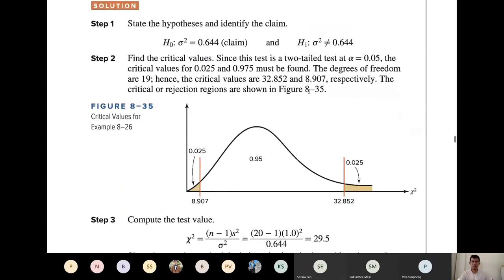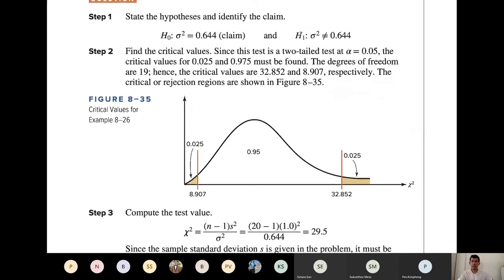So again, in this case, because the alternative is not equal, it is a two-tailed test. So alpha is 0.05, so you have to divide alpha into 2: 0.025, and another 0.025 to the left. What you have to do is compute the critical value corresponding to this.